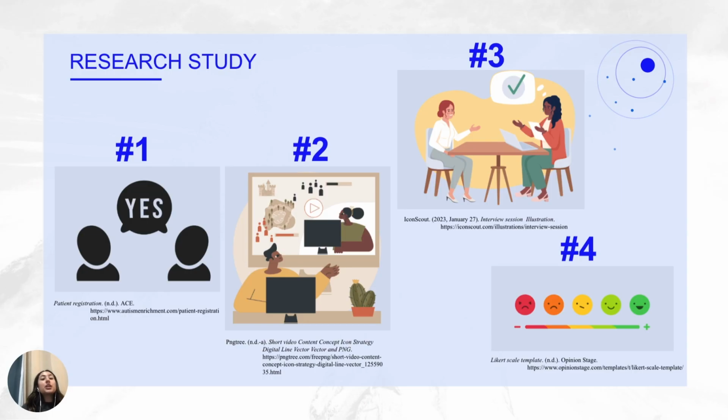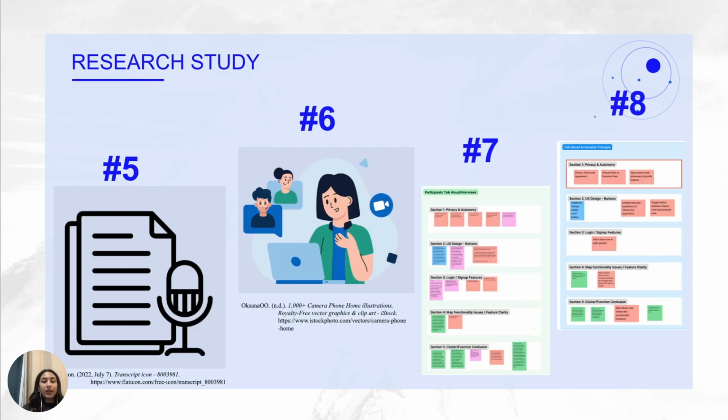For the research study, we got our interviewees and asked for their consent for the interview, and then we got them to think aloud while using our prototype, and we recorded everything they were saying, including the consent. Then we continued with an interview, asking them questions while still on record. When the recording finished, we got them to fill out our survey.